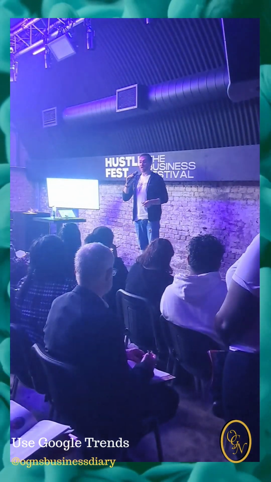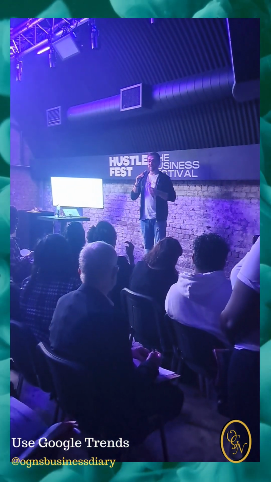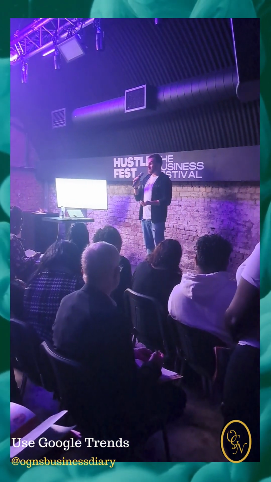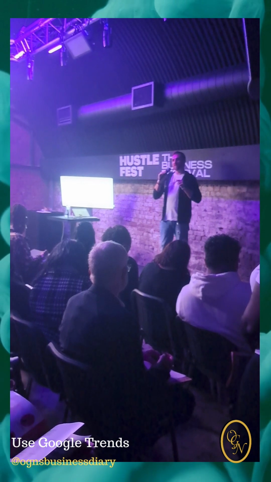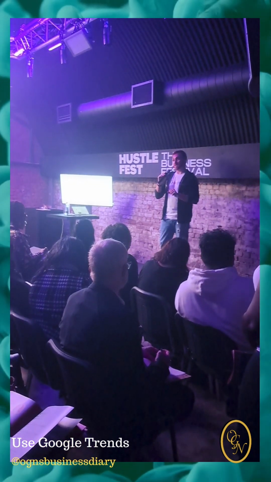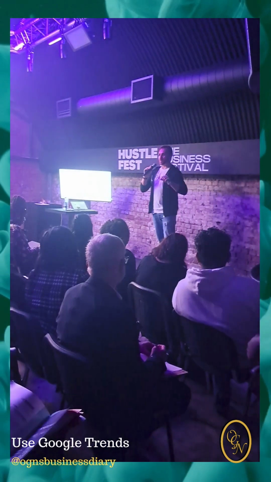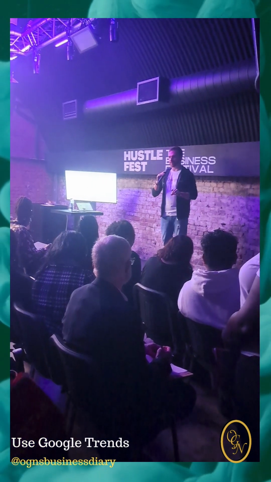To do great SEO, start with that keyword. Use Google Trends. Look at what competitors are writing. And maybe, sometimes, and this is controversial, you don't need to be original with your content, you just need to be better.